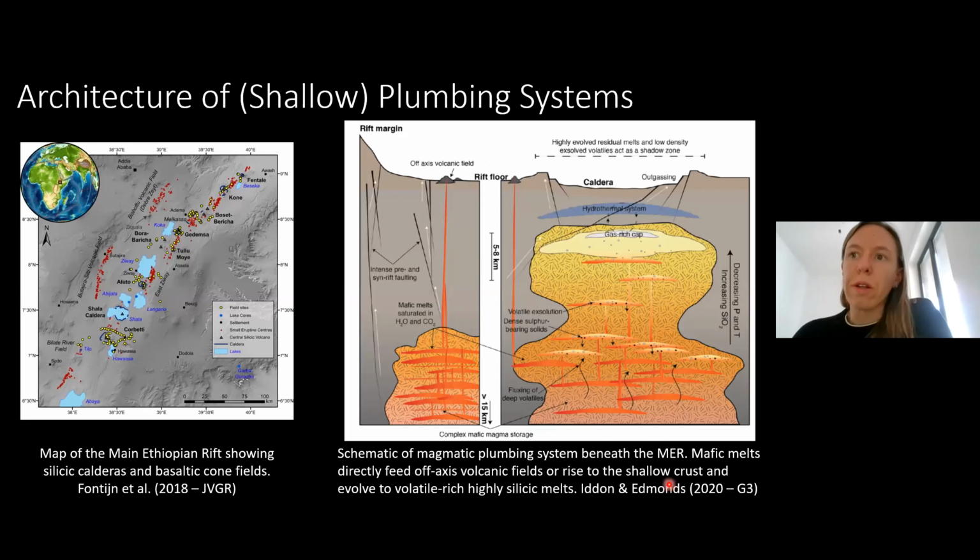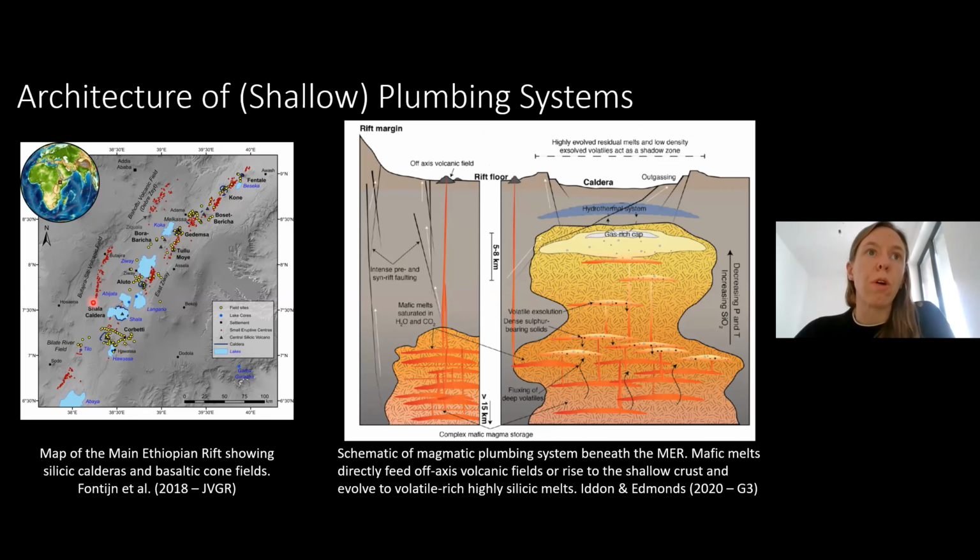And so with all this fairly new petrological and geochemical information, we are starting to get a better understanding of the plumbing systems of these volcanoes. So this is a map of the main Ethiopian rift, where we have plenty of caldera volcanoes, silicic calderas that erupt rhyolite melts.